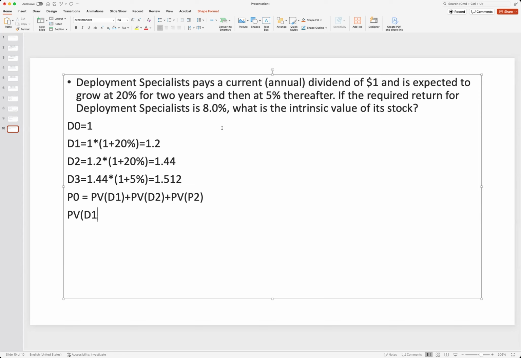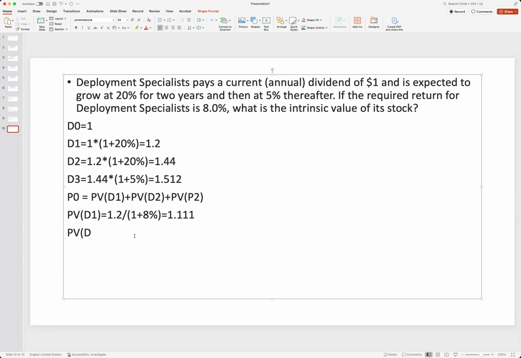Let's start with the present value of D1. The dividend is $1.2. We discount it back for 1 year. The required rate of return is 8%. I get $1.111.